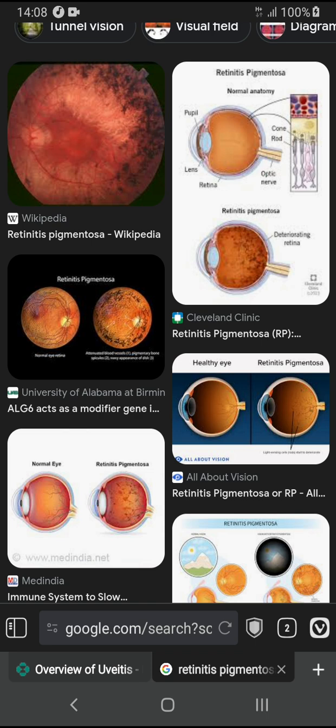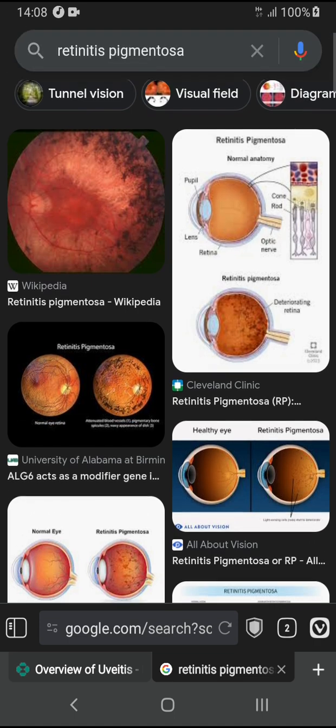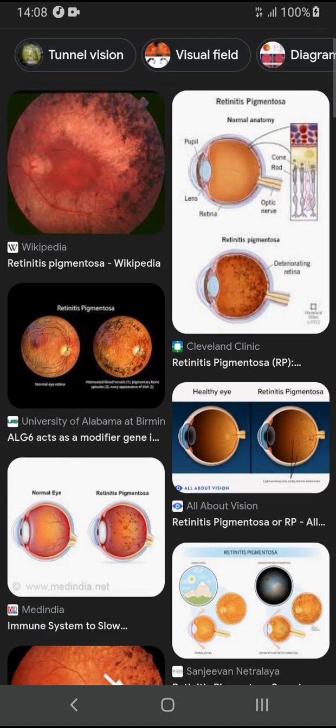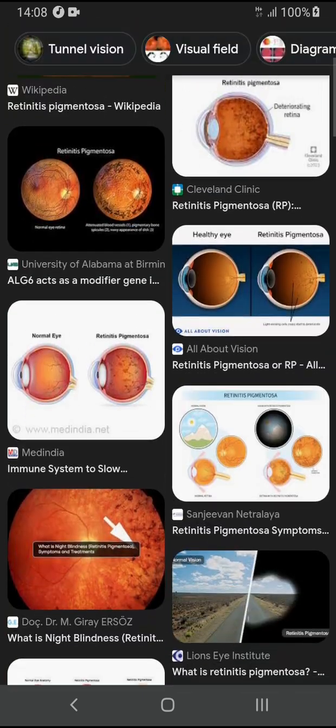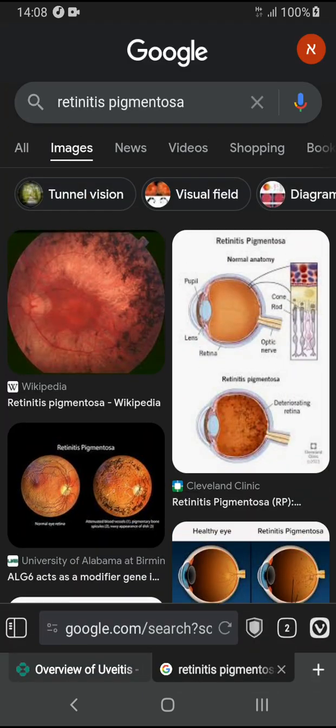When the disease is very advanced and the vision loss is very severe, there are implants that can be inserted into the retina, and they give the blind patient some vision of light and things like this, but this is not very good. There is no cure for retinitis pigmentosa.